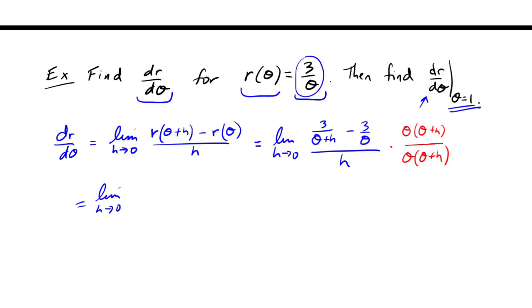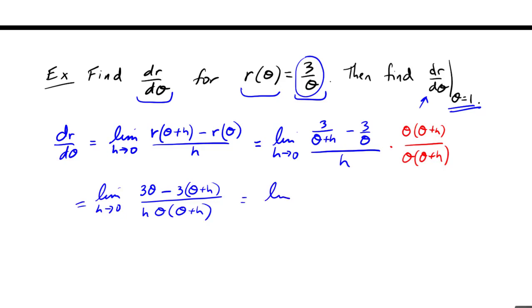When I multiply this times theta plus h, theta plus h cancels, and I get 3 theta minus, when I do 3 over theta times this, the theta cancels. So I would get minus 3 times theta plus h, over h times theta plus h in the denominator. That made it a little faster than getting the individual common denominators on top, which would be perfectly fine if you want to do that. I was just showing you an alternate way here.